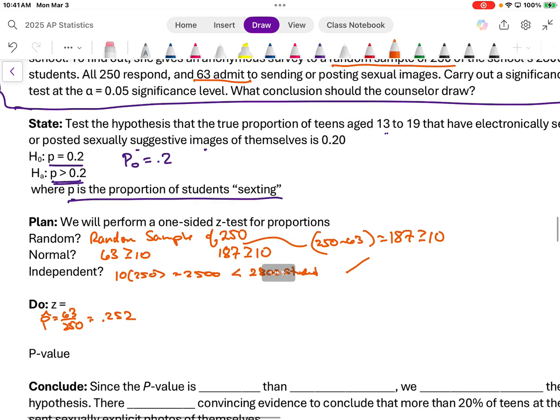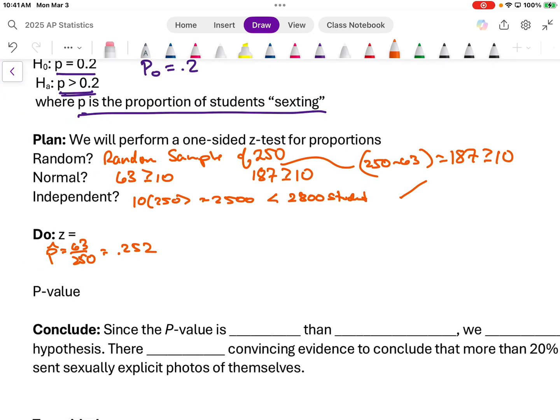So as I set up my formula, our z-stat is 0.252 minus the null piece, which is 0.2, over the square root for the standard error, the standard deviation, would be 0.2 times 0.8 over 250.